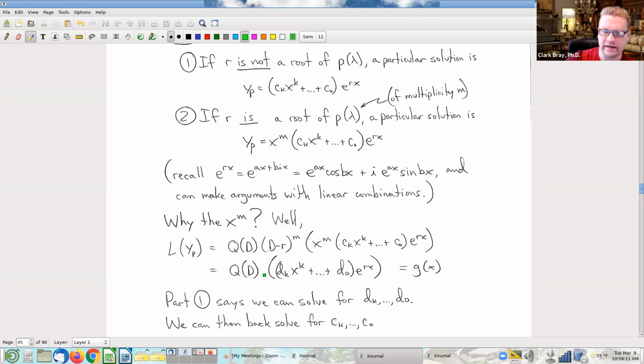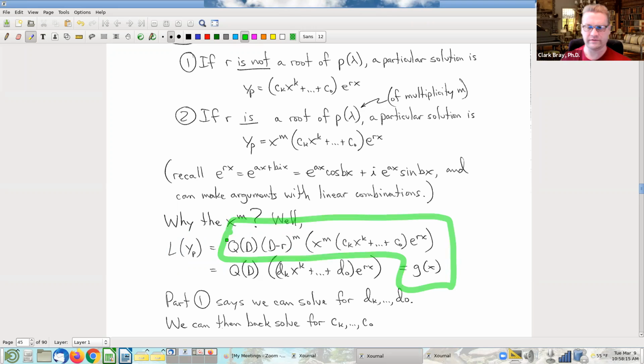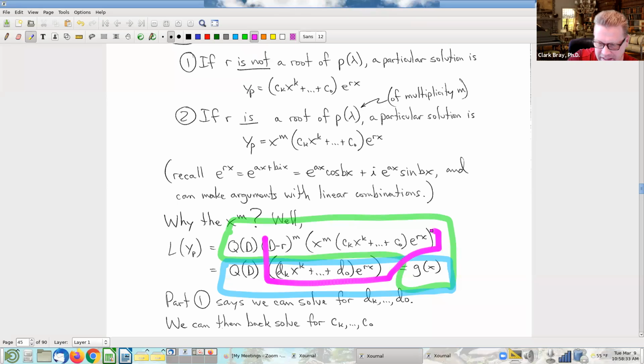Or said differently, how can I solve this differential equation? Well, the idea is to look at these two differential equations and first make the kind of smart alecky observation that, well, if I can solve the blue equation, and if I can figure out how to make these two things equal, then we're good.